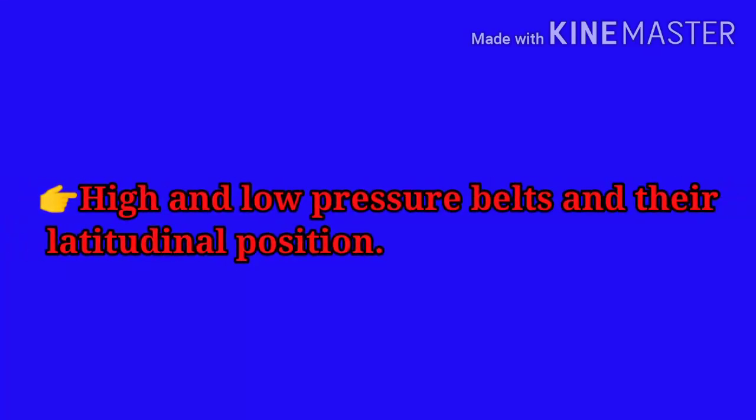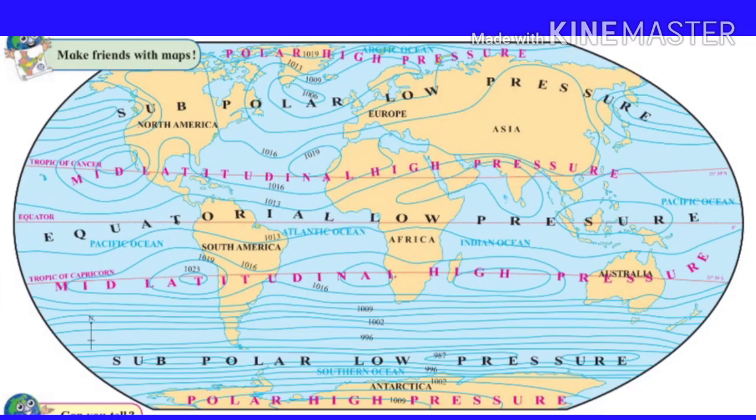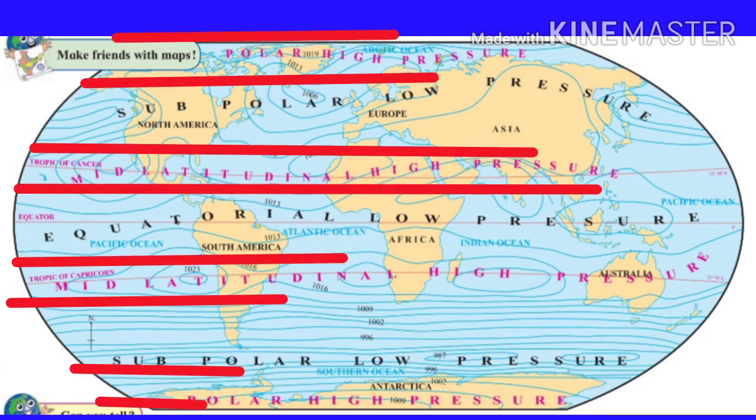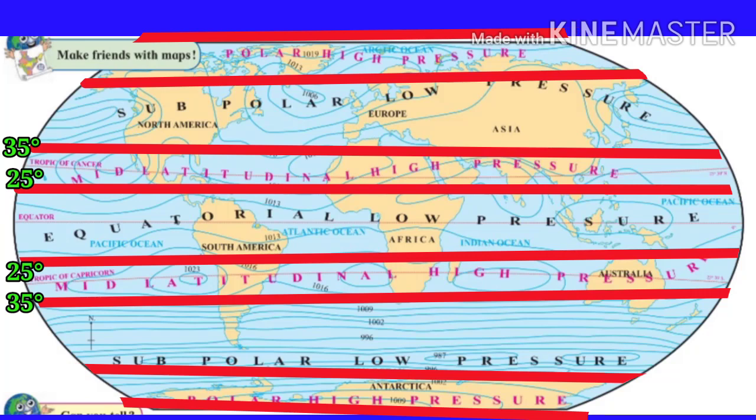High and low pressure belts and their latitudinal position. The latitudinal position of high pressure belt is between 25 degree and 35 degree parallels and between 80 degree and 90 degree parallels in both the hemispheres.